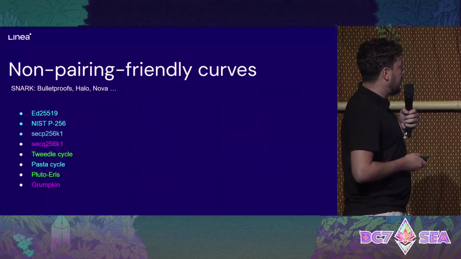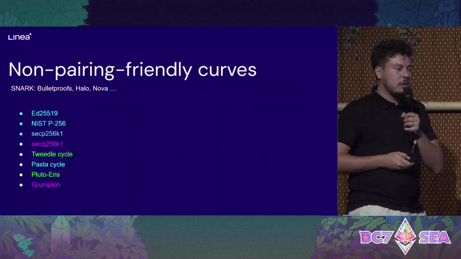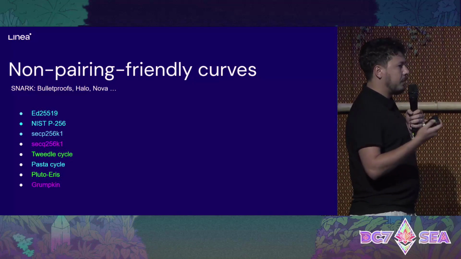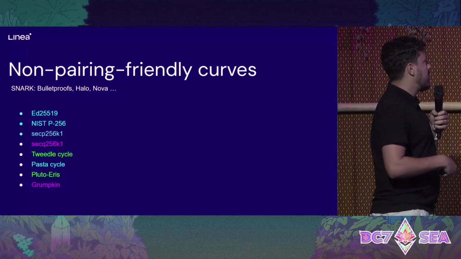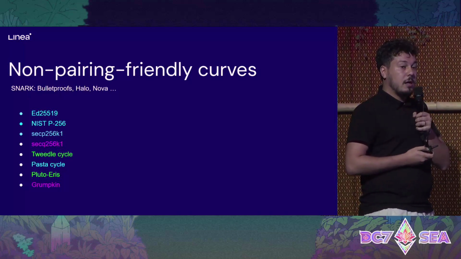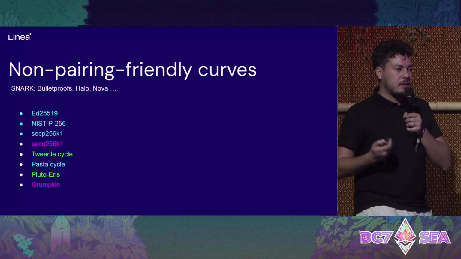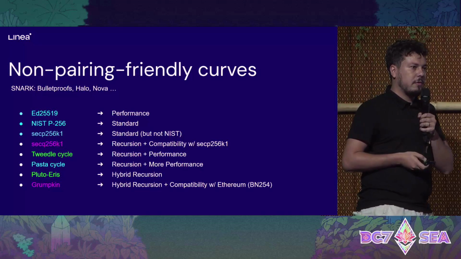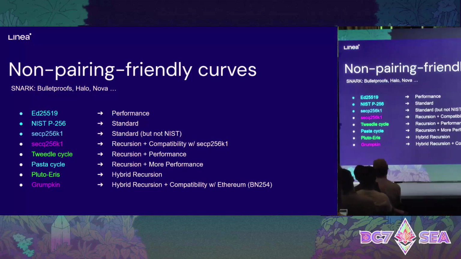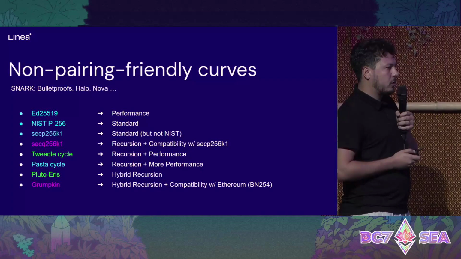So if we take a closer look at the first column, we have, for example, SNARKs like Bulletproofs or Halo or Nova. They can use the curves from the first column. But then the question is why there isn't a single curve. Well, it depends on what you want. If you want performance, then maybe Ed25519 is the best curve. If you want a standard, maybe the NIST curve. If you're scared of NIST, maybe you choose another standard like the Bitcoin or Ethereum curve, SECP.